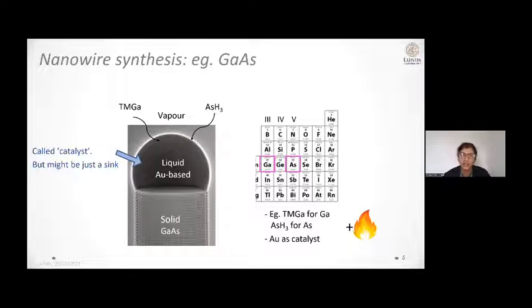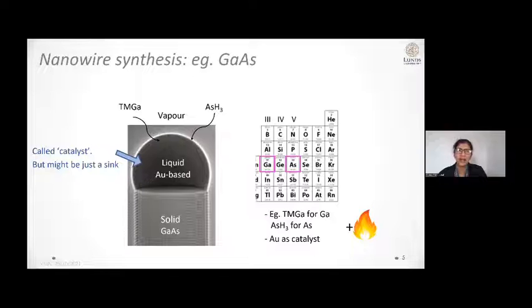Nanowire catalysis might just be that there are particles, either solid or liquid, very often liquid, which collect the materials and then get supersaturated, and on supersaturation precipitate out the solid. But the convention in the nanowire community is to call this particle a catalyst, even if it's just a material sink.